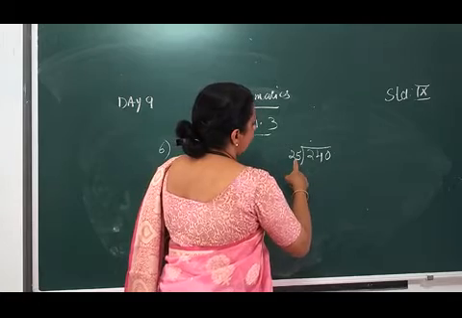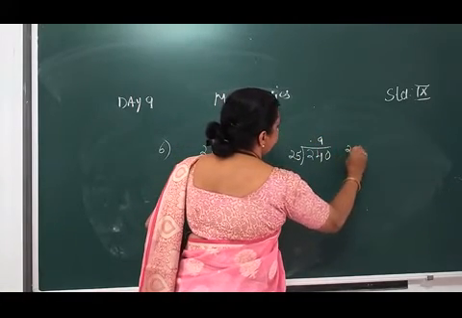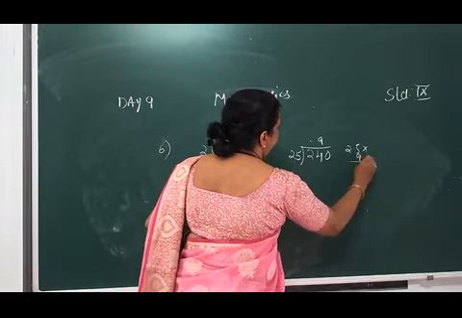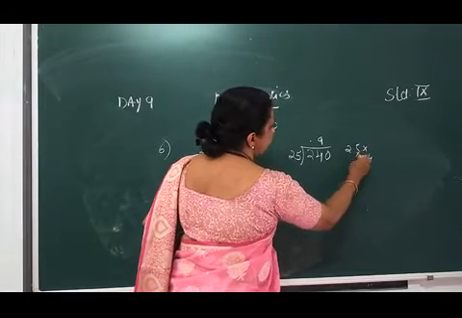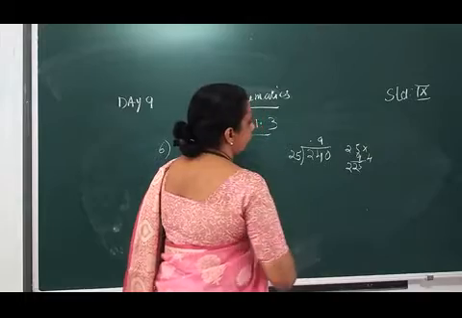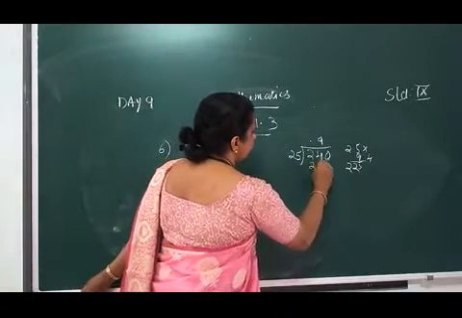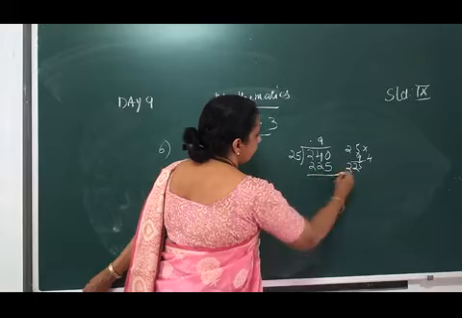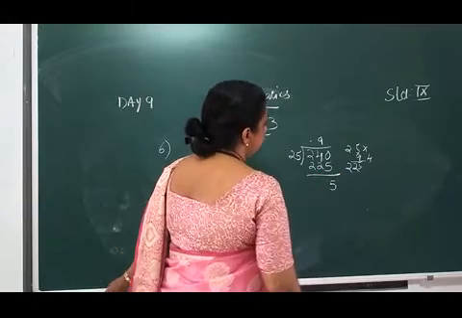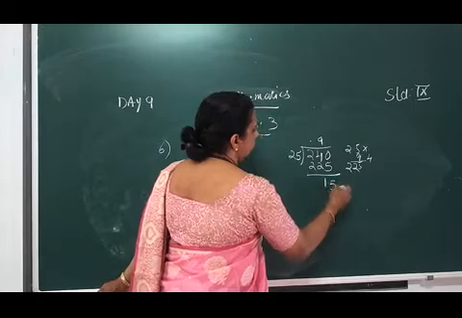Dividing 24 by 25: 0, then 4, 8, 9. 25 into 9 is 225. Balance 3 minus 2 is 1.